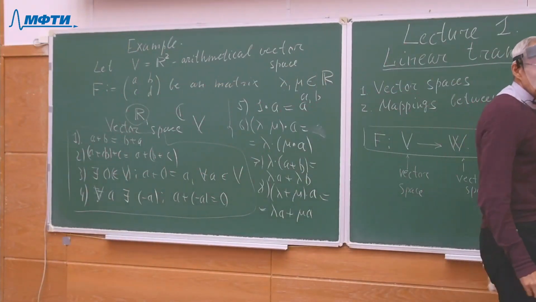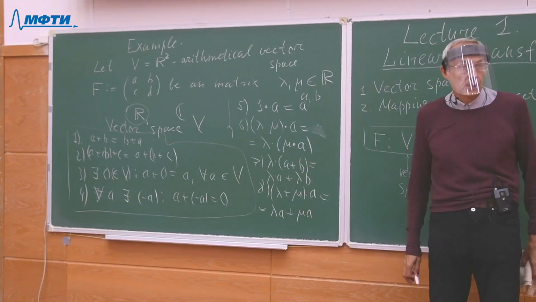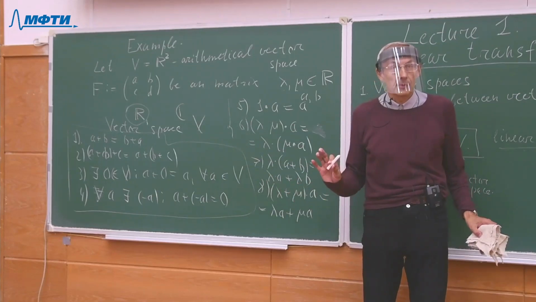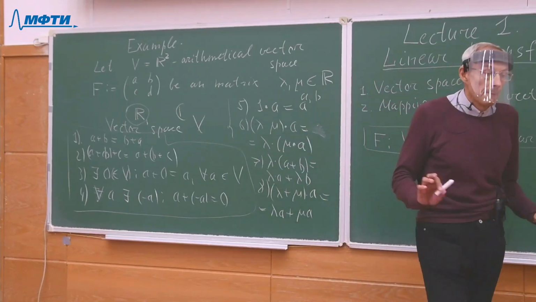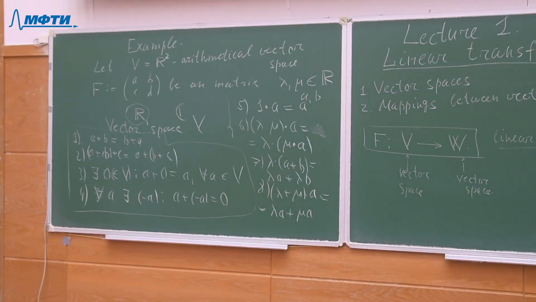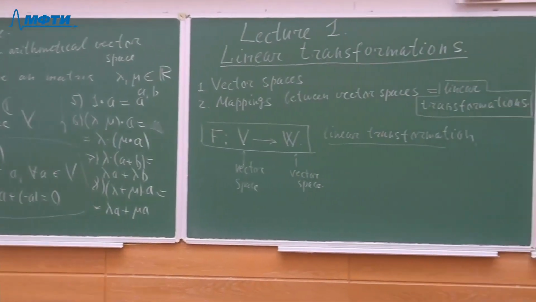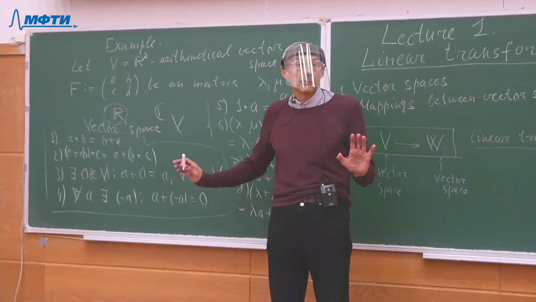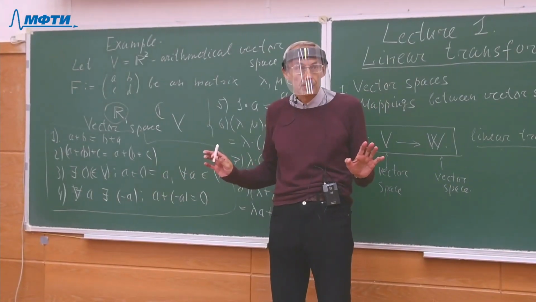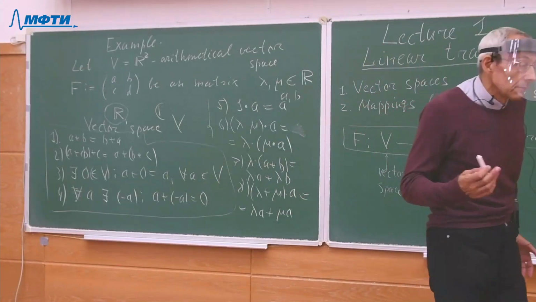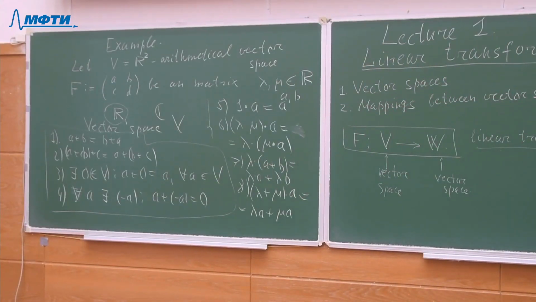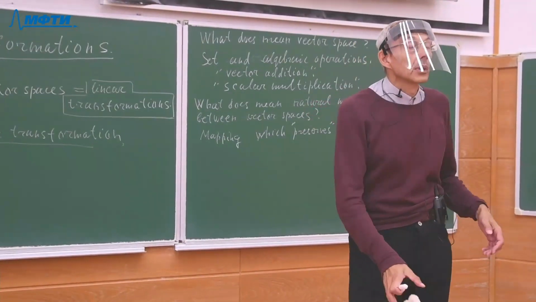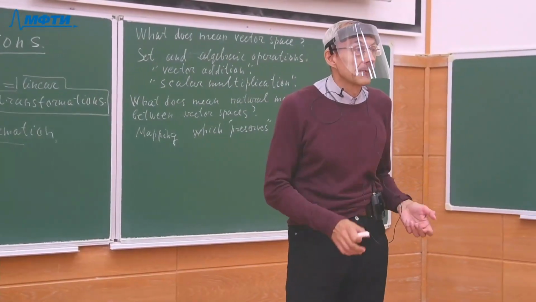We have the following eight axioms. This is the abstract definition of a vector space: any set with two abstract algebraic operations which satisfy these axioms we call a vector space. Very abstract. Do you understand it? But we have some basic examples of vector spaces, and we will deal with examples.